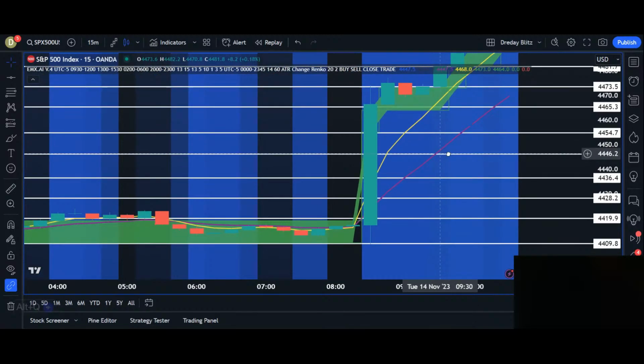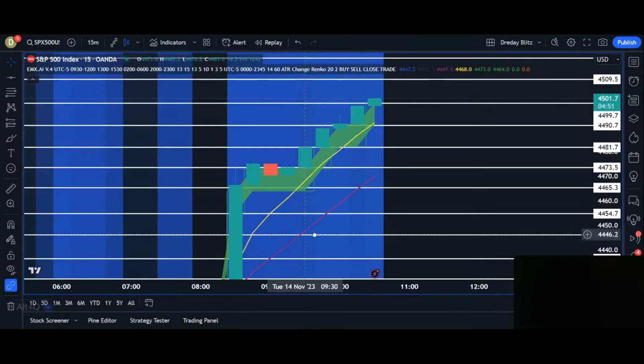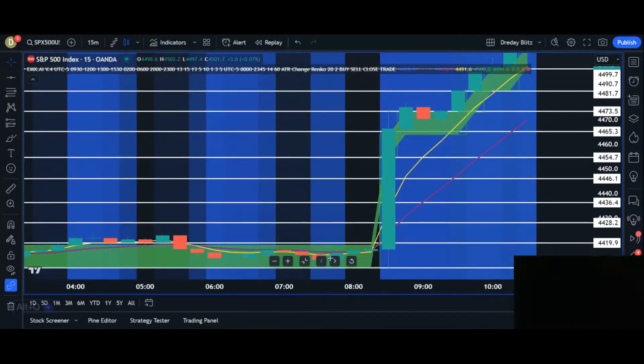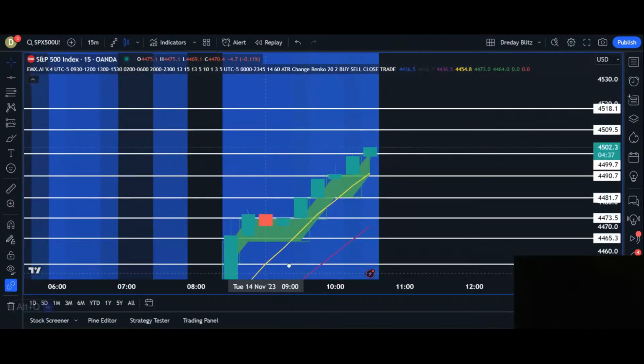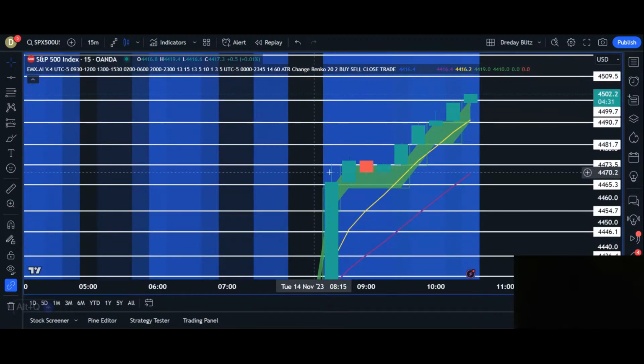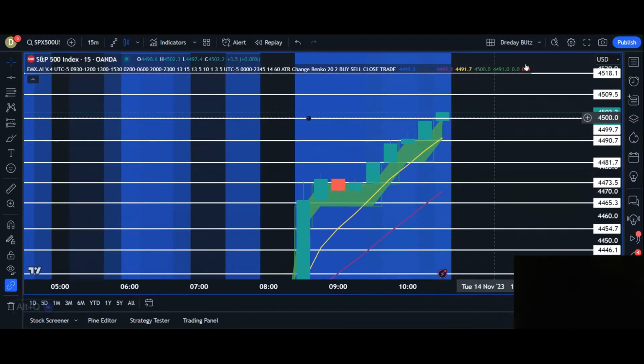Same thing. What happened here on S&P 500? So this is the push up at 8:30. It was expecting to do that, and since then it was still going up. If you look at the 8:30 candle, so 8:45 until now is the 10:30 candle.